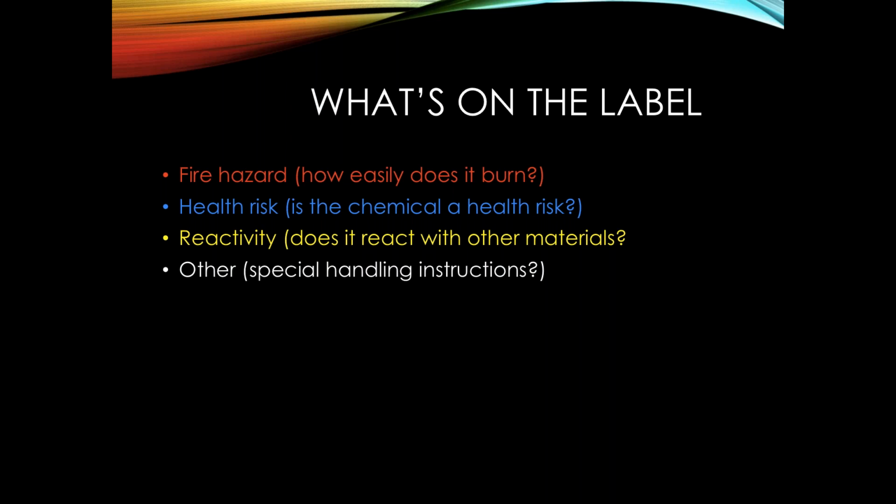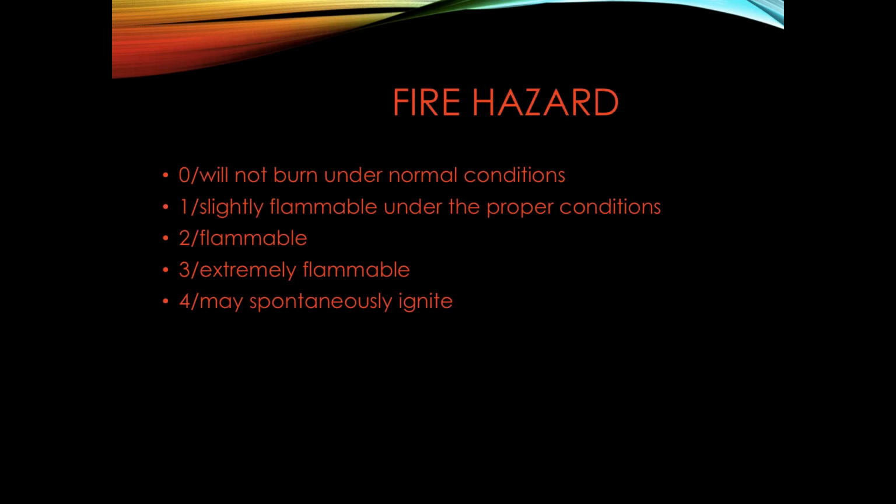Health risk runs on a scale as well. It's what the chemical might do to harm you in a situation dealing with a chemical release. Reactivity is, does it react with other materials? And other would be special handling situations or instructions.